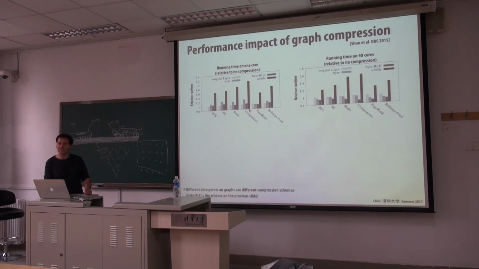So on one core, compression did not help. On 40 cores, on some algorithms, like PageRank, it gave you probably 2.5x faster performance. Why is that? Why does compression help when running the code in parallel on 40 cores, and does not help when running the code on one core?